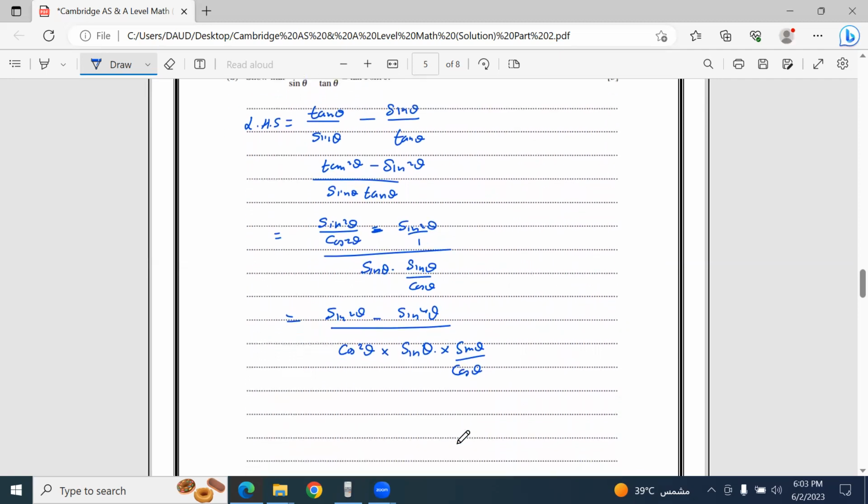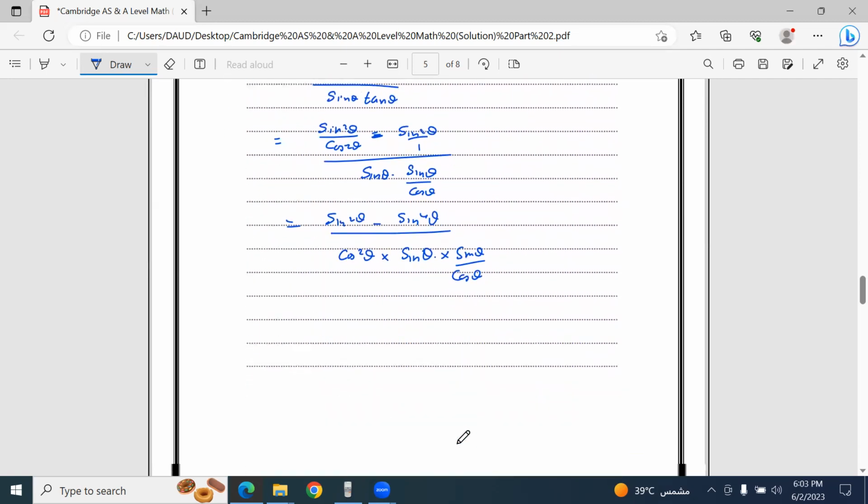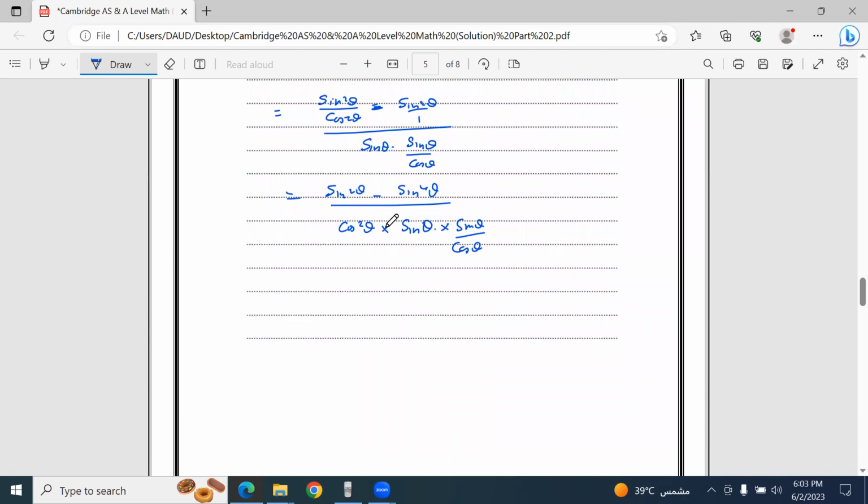After simplification, we can cancel cos square with cos theta, and here we have sine square theta minus sine power 4 theta.